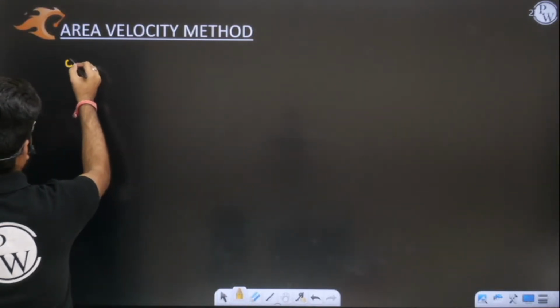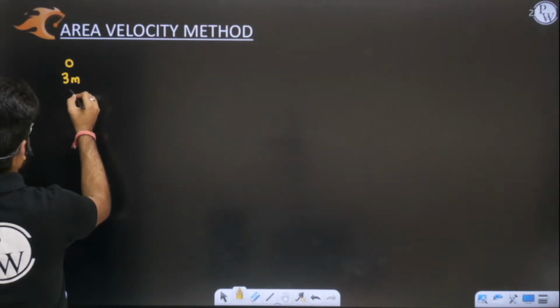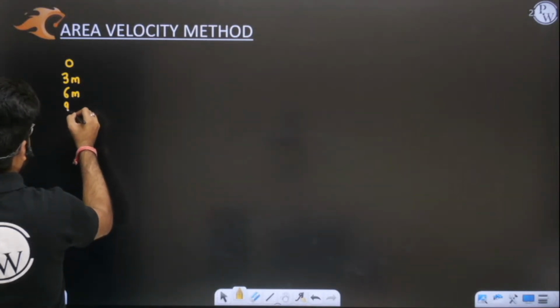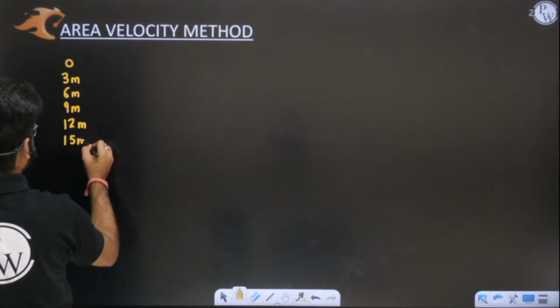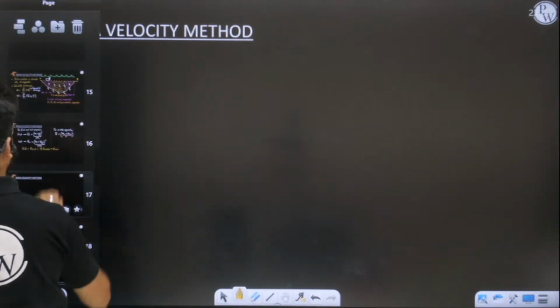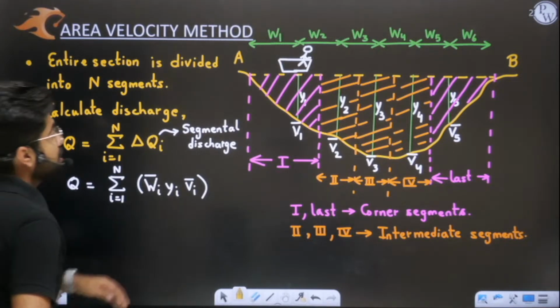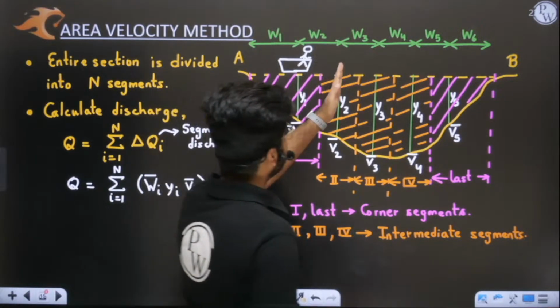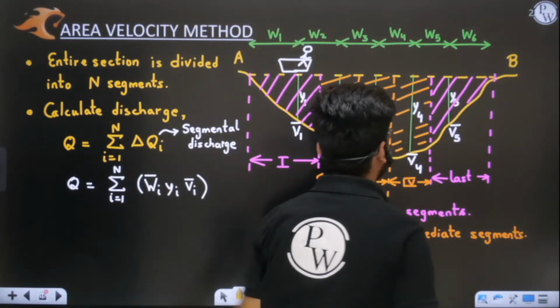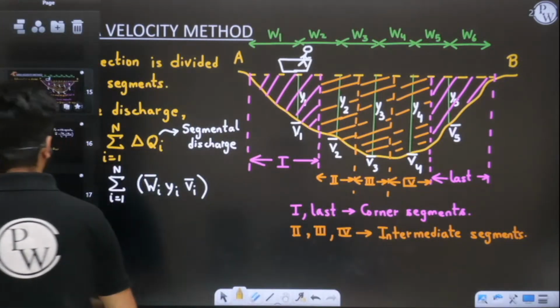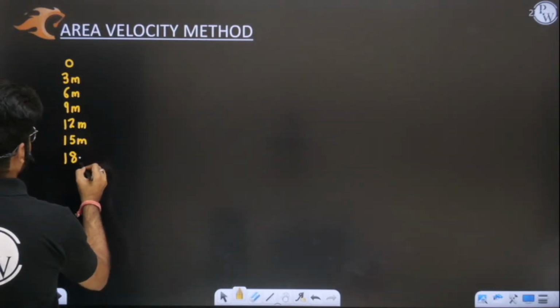Let us say this is 0, then after 3 meters, 6 meters, 9 meters, 12 meters, 15 meters, and 18 is the last. So this is your last destination.